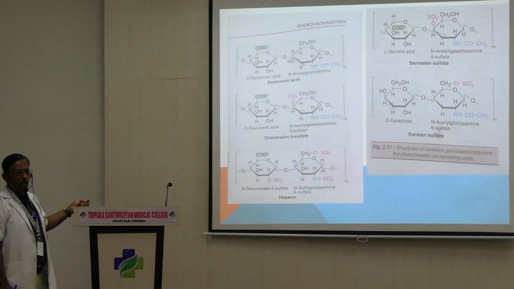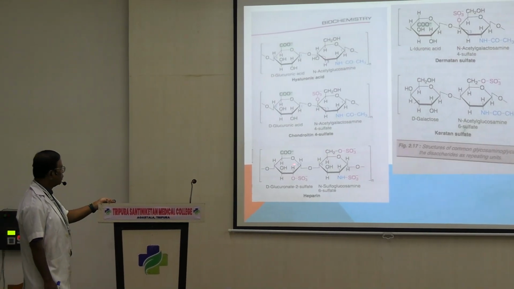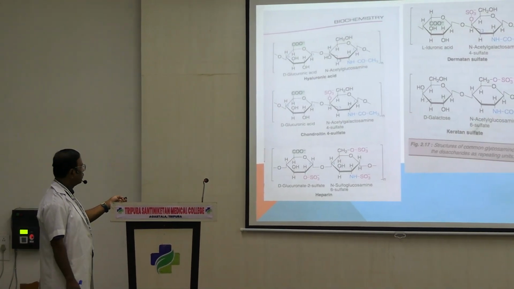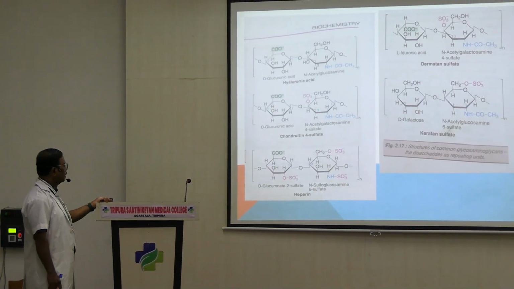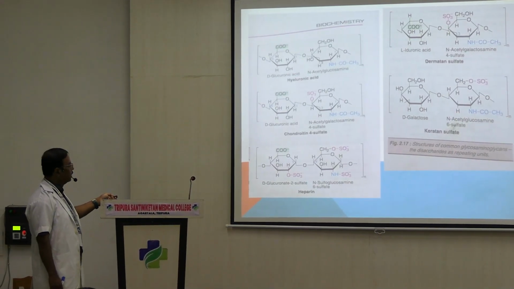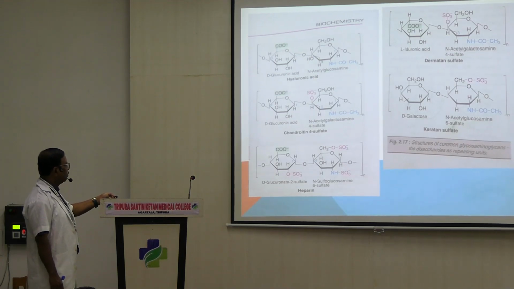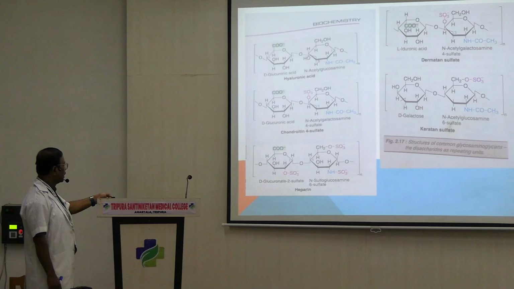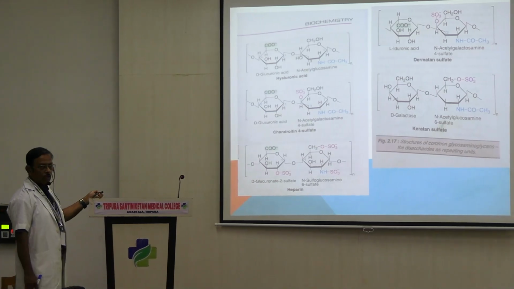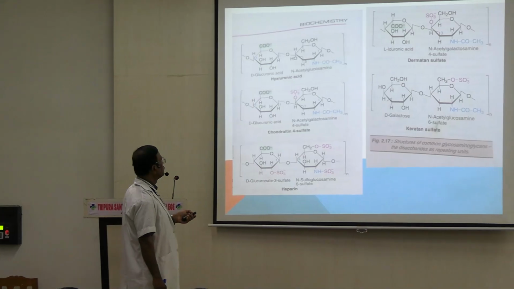It is nothing but a derivative of a monosaccharide. Others are also derived from monosaccharides only. See here in sulfoglucosamine 6-sulfate, there is one negative charge here, one negative charge here. So plenty of negative charges are there, and that's why these are very slippery.